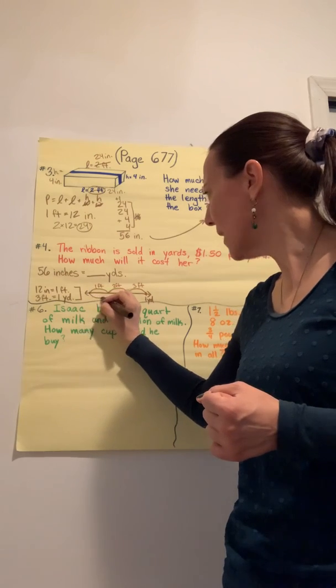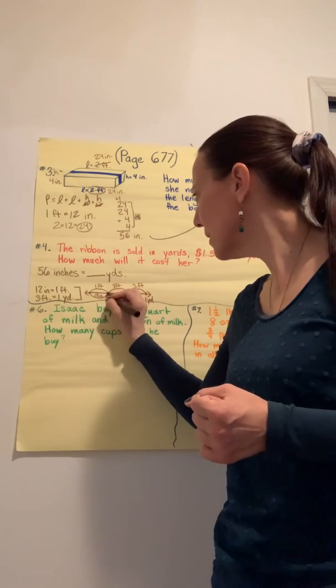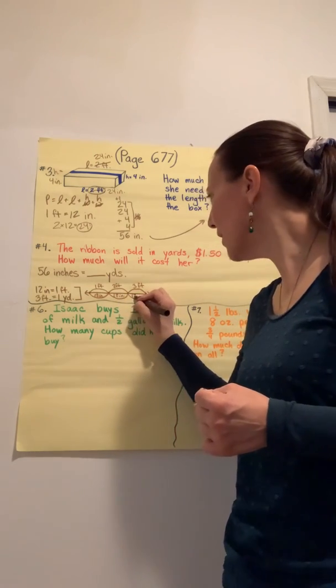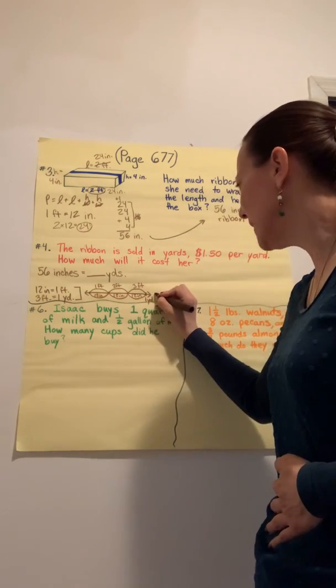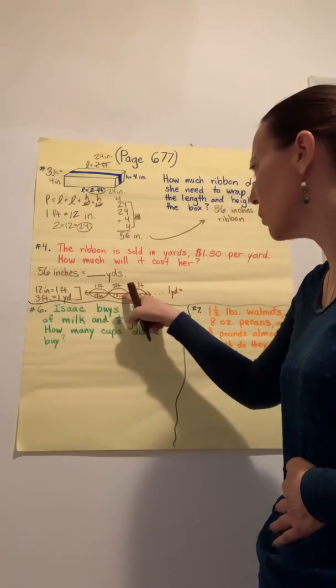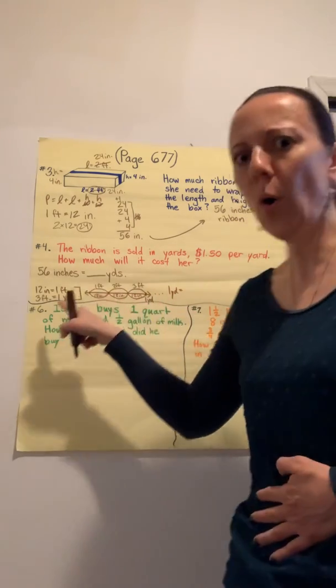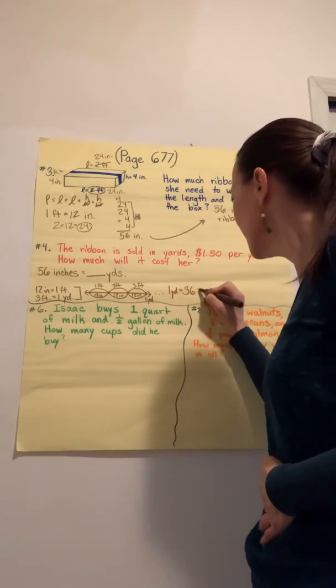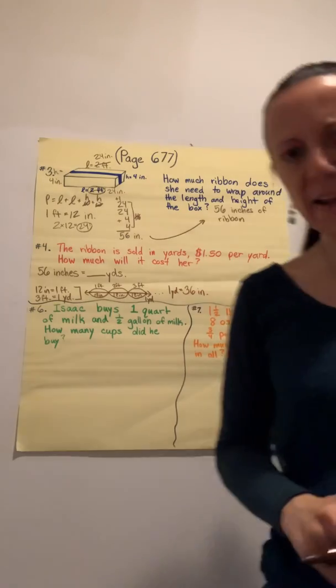So if I look at the bottom, that would be 12 inches, another 12 inches, and then another 12 inches. That means that 1 yard equals 12 plus 12 plus 12, or 3 times 12, is 36 inches. Let's see if that helps me.